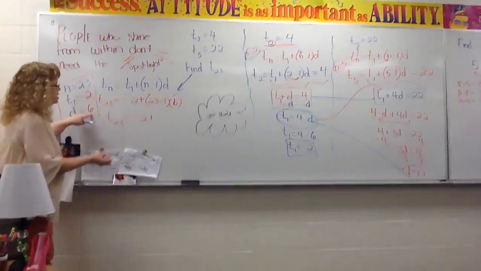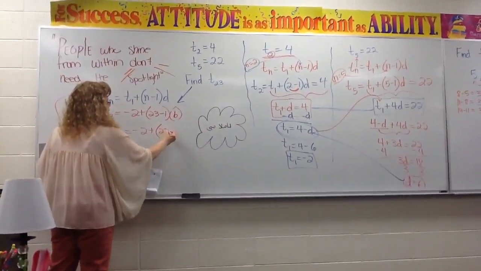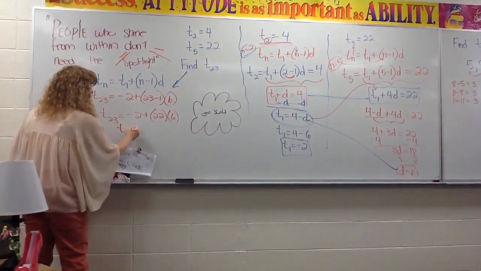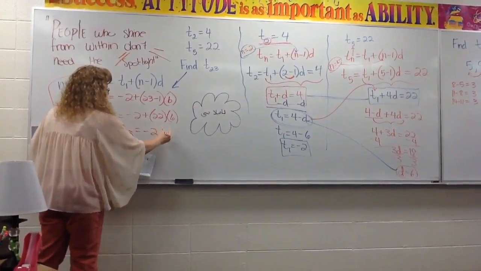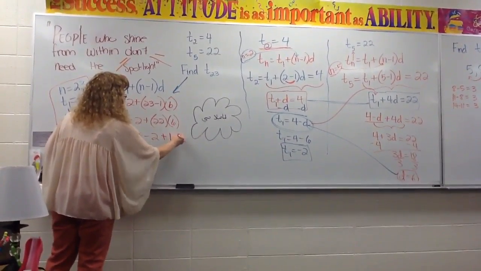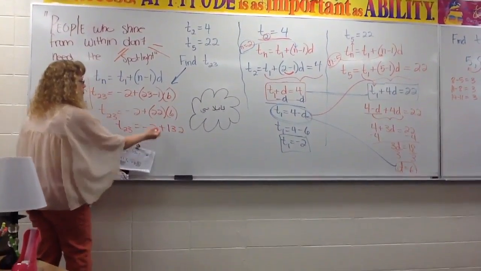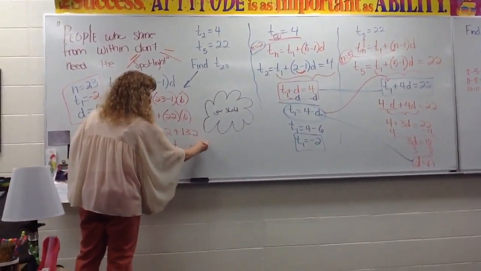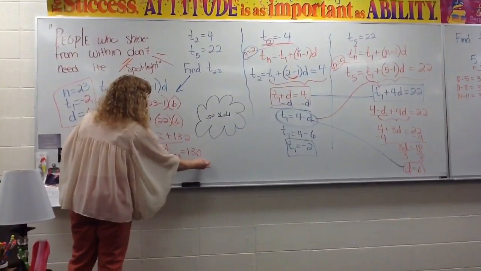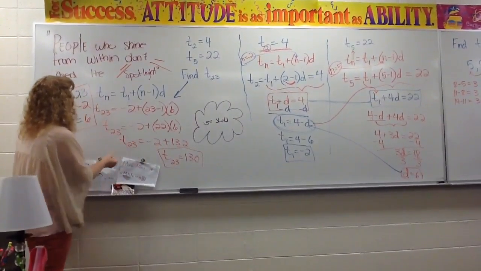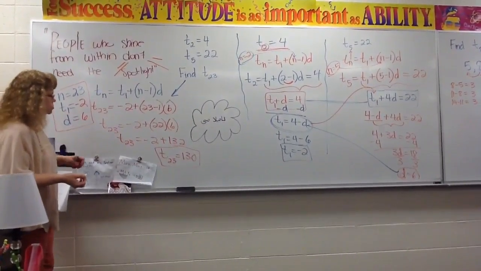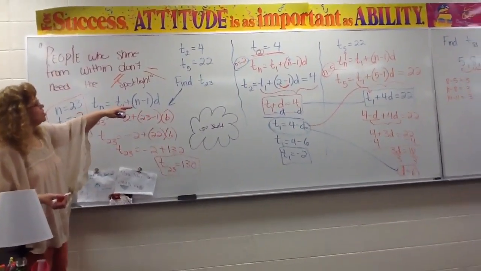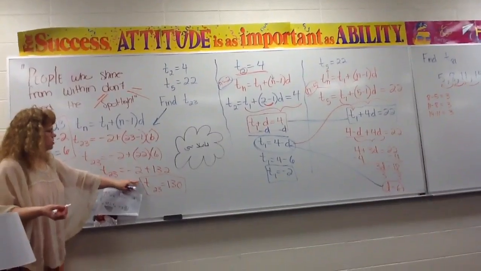I've got that value. So it's 22 times 6. Multiply first. Plus 1, 2, carry 132, I think. Yeah. 132 take away 2. It's -2 because our T1 was -2. So 130. The 23rd term of that sequence, 130.